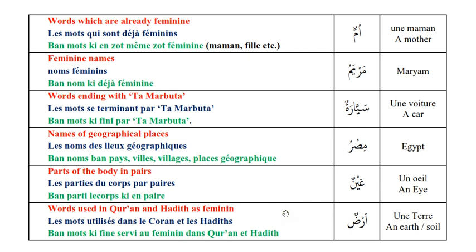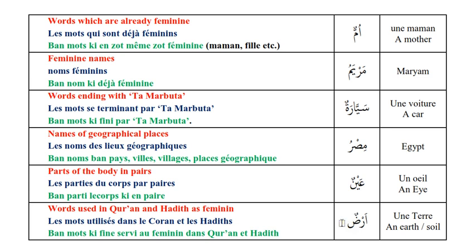The next category that we can see is these are the words that have been used in the Quran and Hadith, and they have been used as feminine gender. We don't know for what reason. It is the wish of Allah and the Holy Prophet ﷺ. So we have, for instance, ardun. Ardun, that is earth, soil, land. Ardun is indefinite. It ends with dammatan.